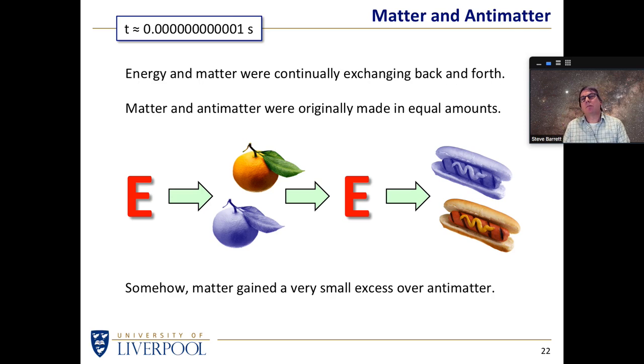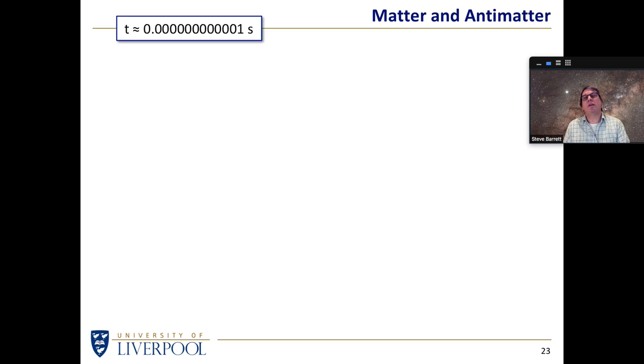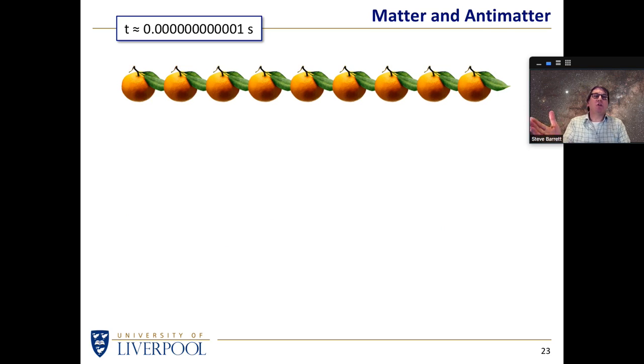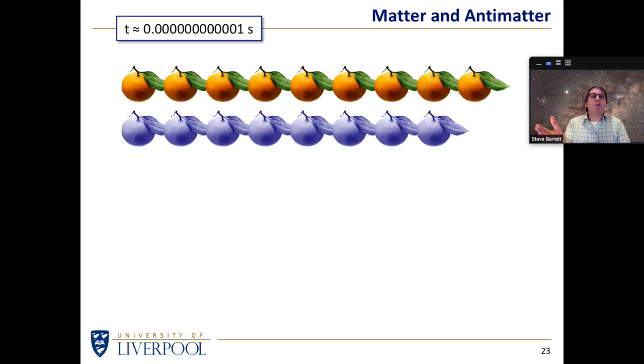Somehow, through a mechanism we don't really understand as well as we ought to, matter gained a slight excess over antimatter. So in other words, let's imagine that we've got a whole load of matter there, and we've also got a whole load of antimatter, but not quite the same amount. Somehow the energy that was available to the early universe made a certain amount of matter and a slightly different amount of antimatter.